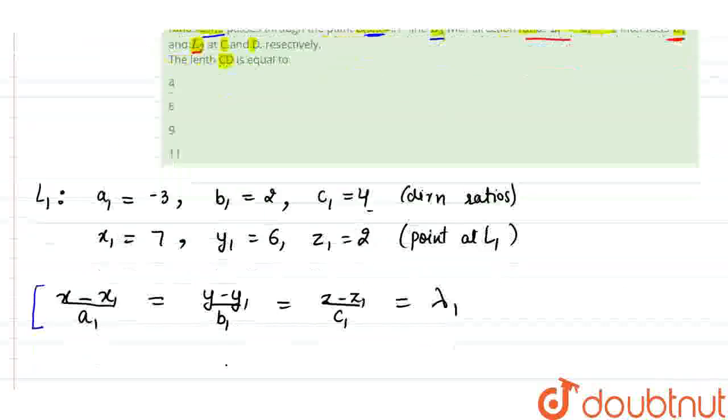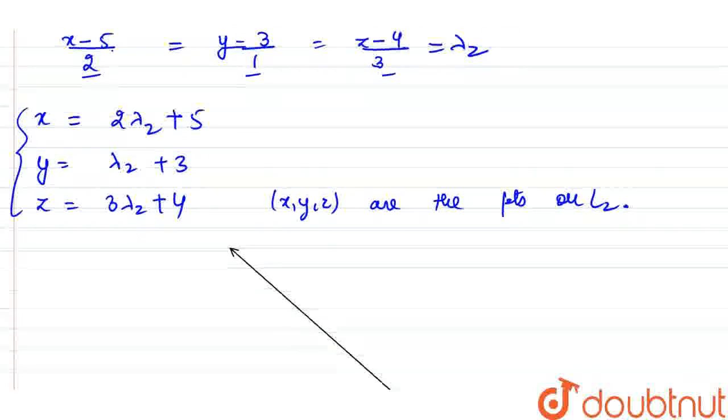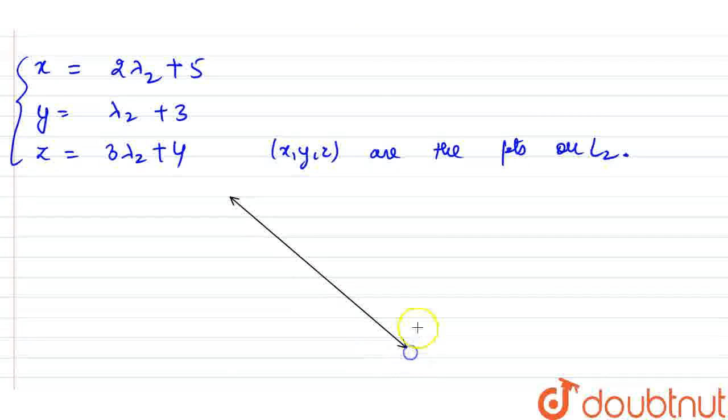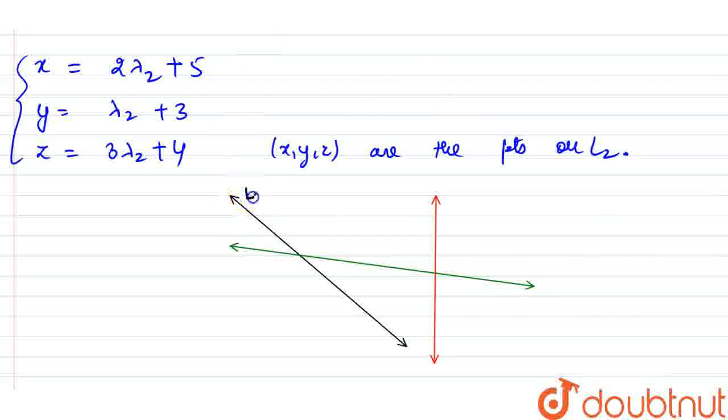So if there is some line L1 and some line L2, then L3 is the line that is passing through both of the lines. This is the line L1, this is L2, and this is the line L3.